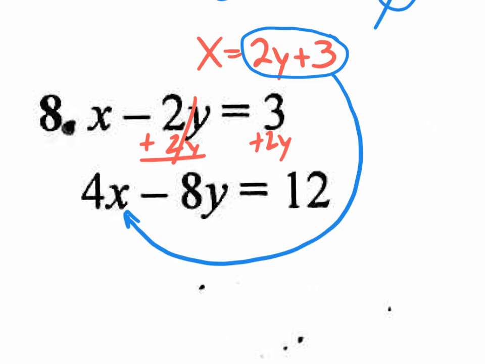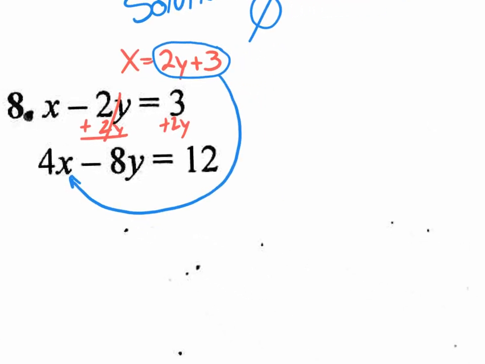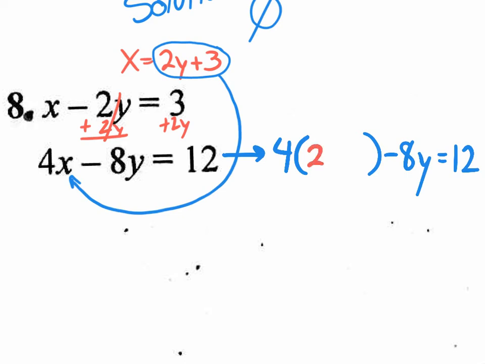And now I'm going to rewrite everything, but instead of x, I'm going to put parentheses to plug that in. So we have 4 parentheses, minus 8y equals 12. And inside those parentheses, I'm going to plug in the 2y plus 3 that x equaled.